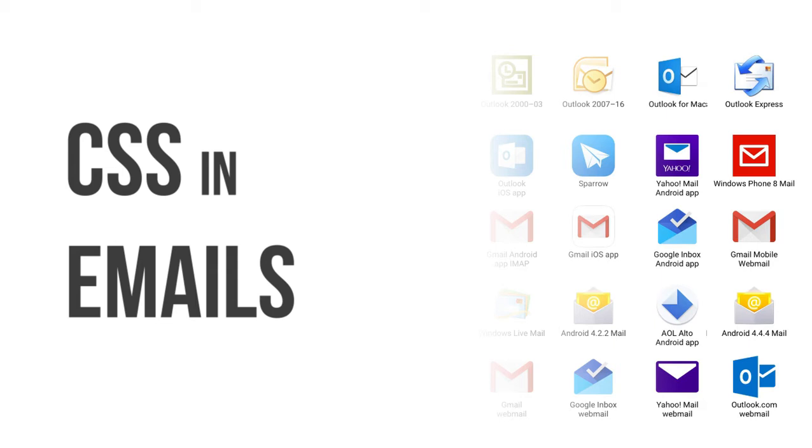And this is the first problem. You will have to do a lot of testing to avoid mistakes and to avoid differences in the way your emails look. So let's talk about CSS that are going to be used in your HTML emails.